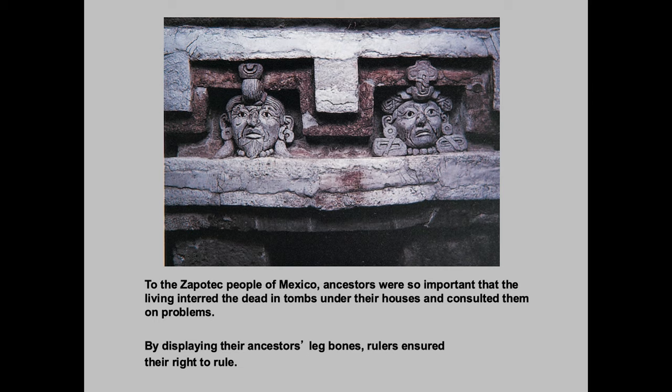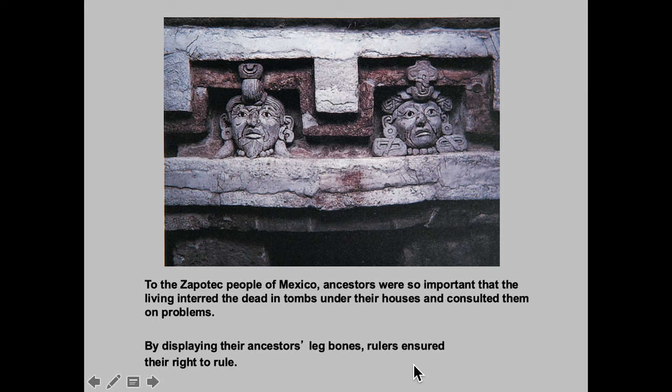The Zapotec people of Mexico, their ancestors were so important that the dead were interred in tombs under their houses and consulted on problems. So they would keep a leg bone. Now, through history, a lot of cultures have collected the leg bone once somebody's passed as proof of existence.